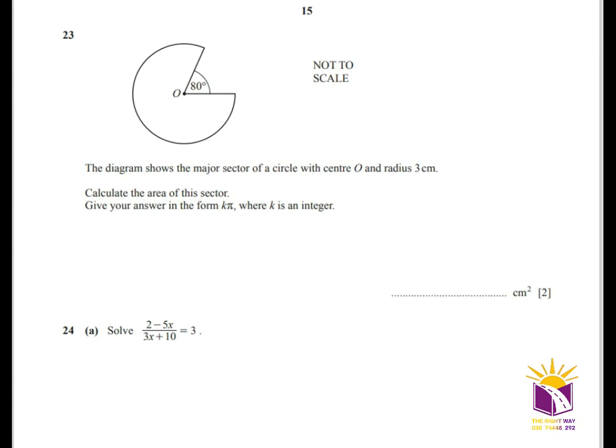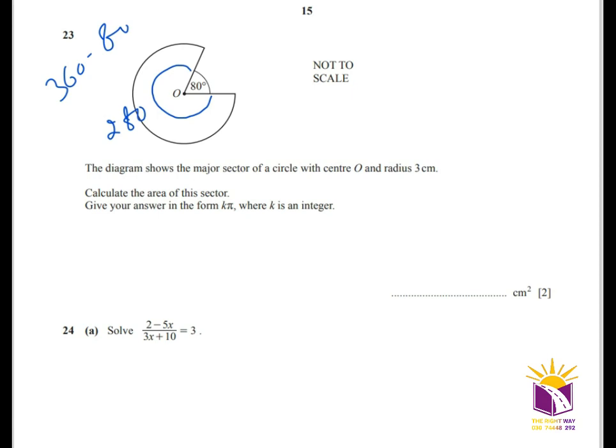Now we have been given this angle 80, and I am going to subtract it from 360. 360 minus 80 will be 280, because the angle for the major sector is 280. 80 is the angle of the minor sector, and 280 is the angle for the major sector.